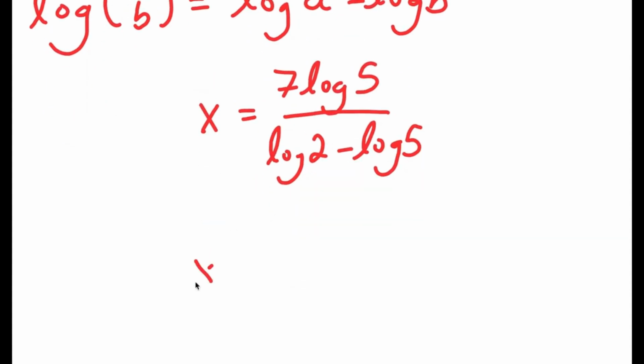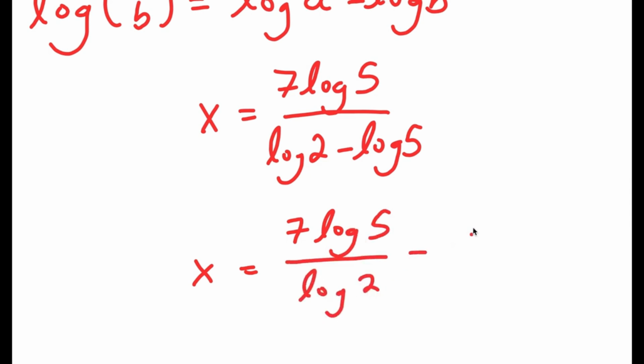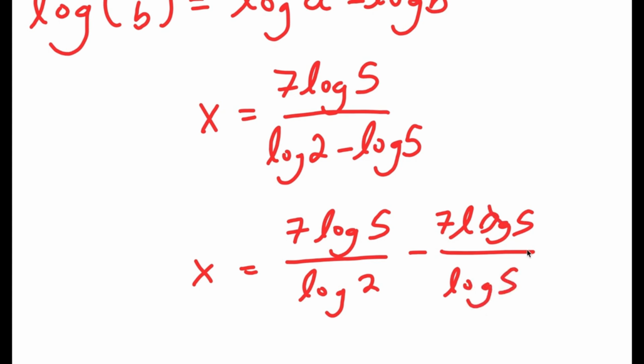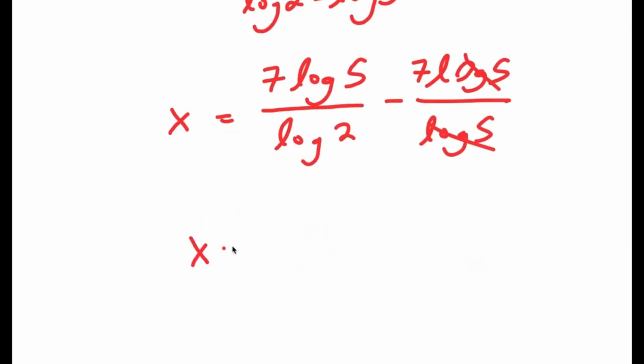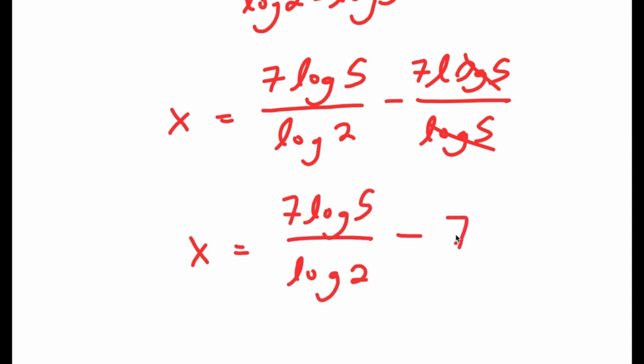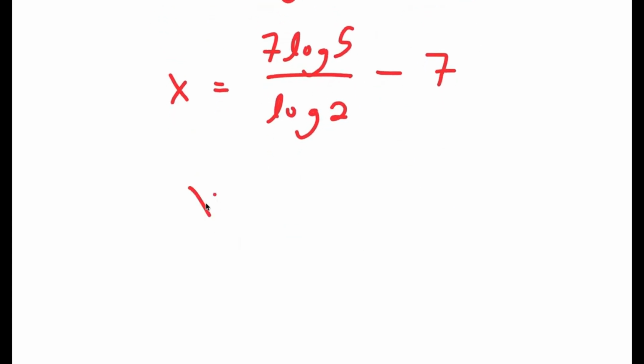And now from here, I get 7 times log 5 over log 2 minus log 5. Then I can split this as 7 times log 5 over log 2 minus 7 times log 5 over log 5, and these two cancel out, so I get 7 times log 5 over log 2 minus 7. And this is the same thing as 7 log base 2 of 5 minus 7.